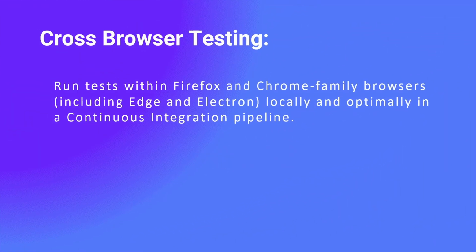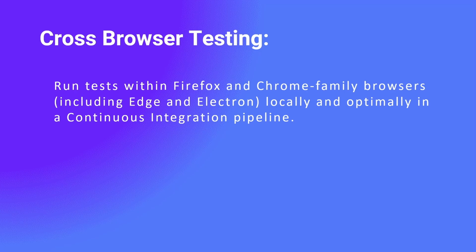Next, cross browser testing. So if you are going to run a test in Chrome, you don't need to kill the server and test again in another browser. You can test in multiple browsers. It will automatically trigger the test after changing the browser. In Cypress itself, it will show some options to change the browser.